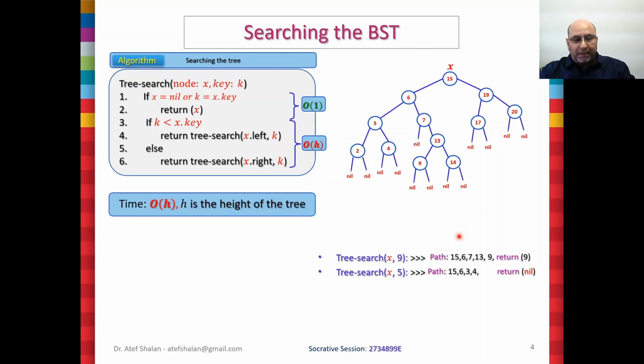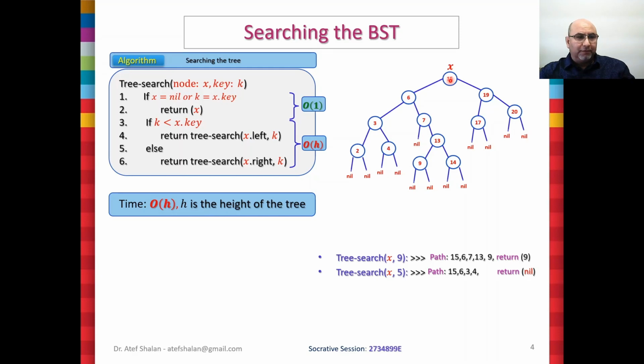Well, to search the binary search tree, we use this simple algorithm, which is mainly a recursive algorithm. The algorithm starts at the root node X, and tries to search for a key K. First, it checks whether this X here has the key that we are looking for. If yes, then this is returned.